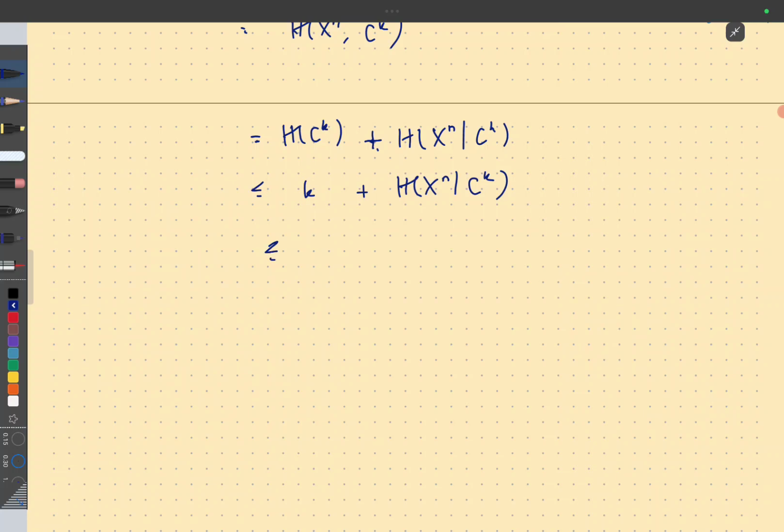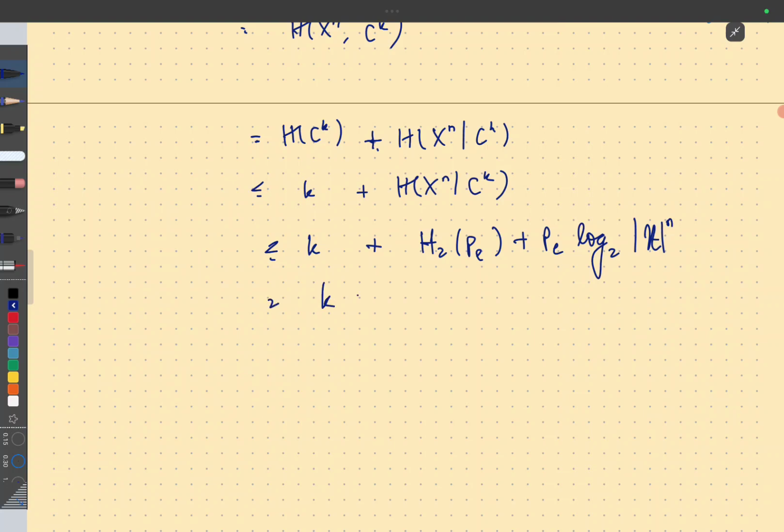Now I can use Fano's inequality to say that this is less than or equal to the binary entropy of the probability of error plus the probability of error times log of the cardinality of x. Now to be a bit careful, because xn doesn't come from the alphabet x, it comes from x to the n, right? There are n sequences. So this is log cardinality of x to the n. Right?